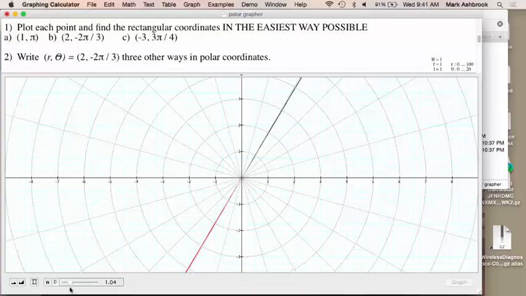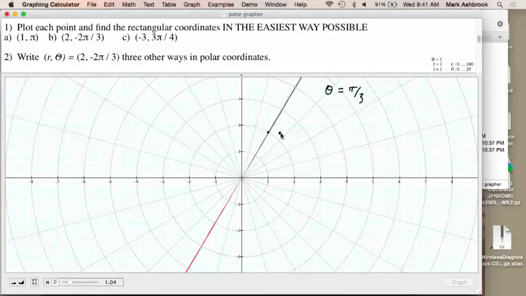What are these in? Divided by sixths, right? Okay, so this is the angle pi over 3. And say we do the point, pi over 3, 2.